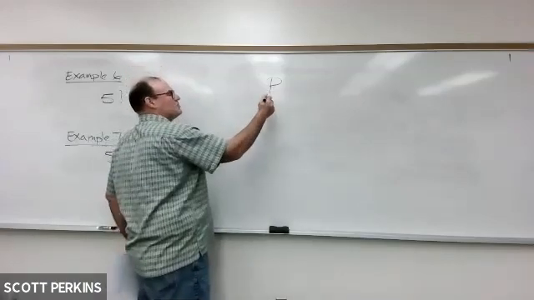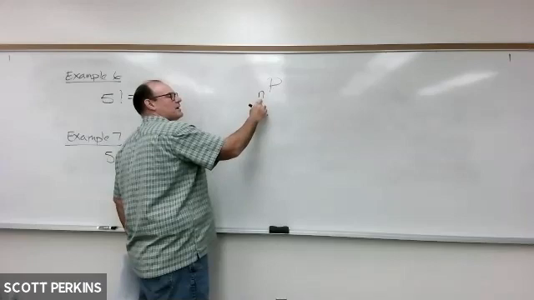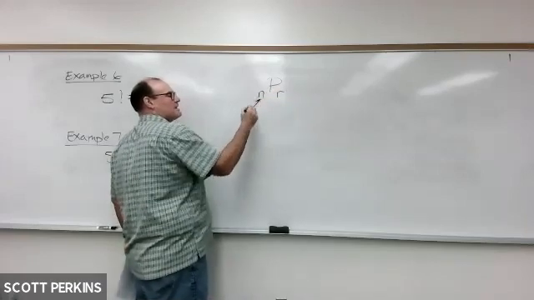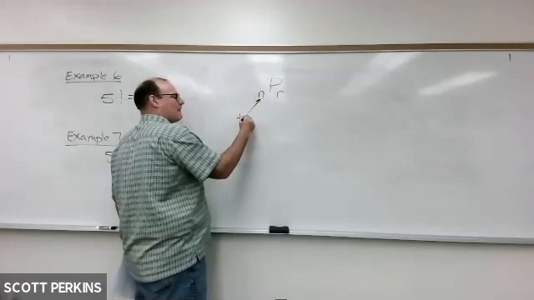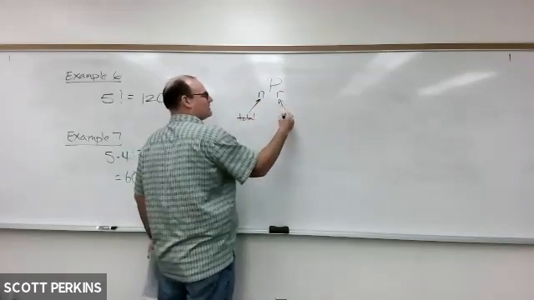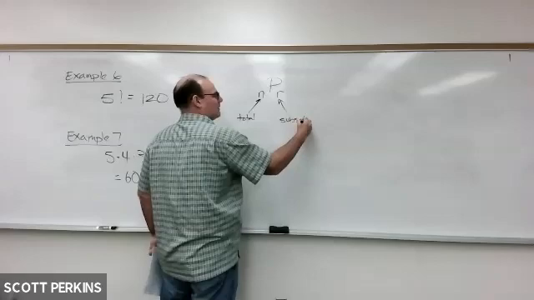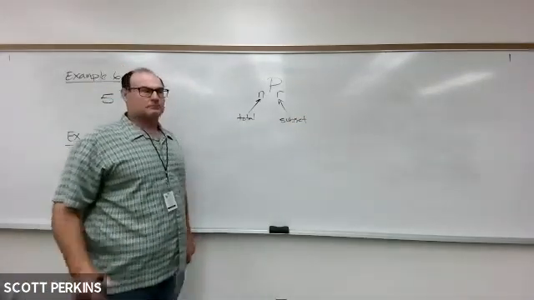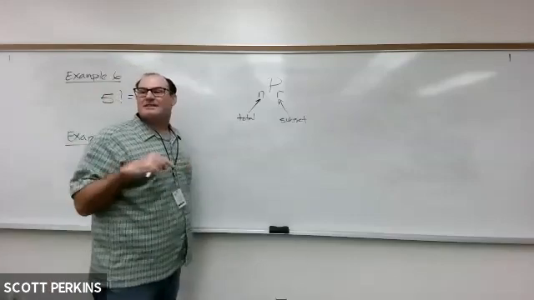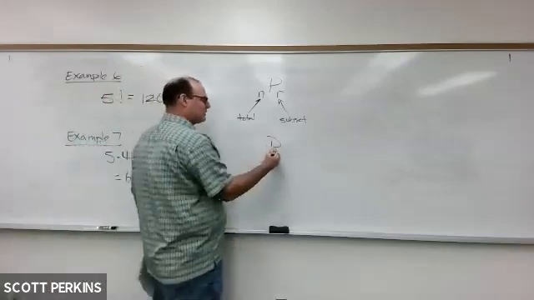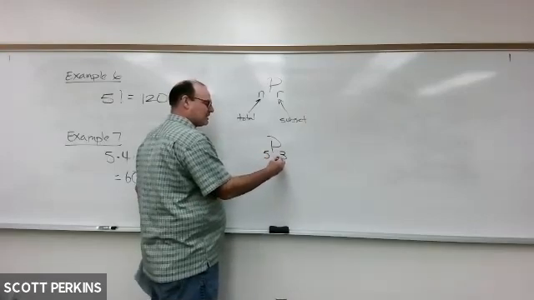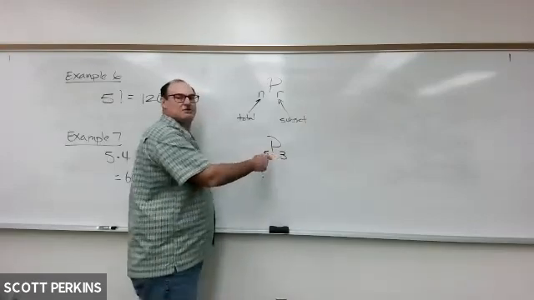It's the permutations of my total number of objects, and I'm choosing some subset. So N is the total, and R is my subset. From my previous example with the letters, it's the permutations of 5 objects, and I'm choosing 3. 5 letters, I'm choosing 3.